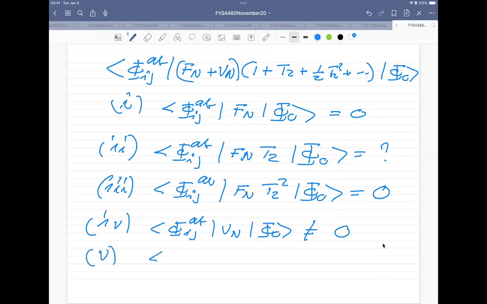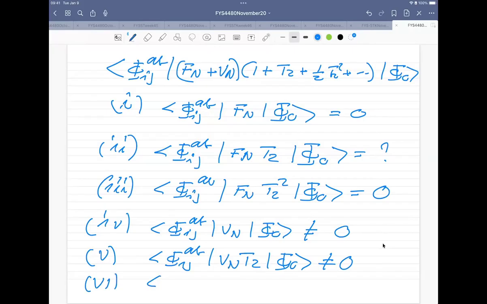And then we take the next one, which is phi ij AB, and then we have Vn of T2 of phi 0. Yeah, also non-zero. And then there's a tricky one because IJAB, and then we have Vn, and then we have T2 squared of phi 0. That non-zero, exactly. That's also non-zero.